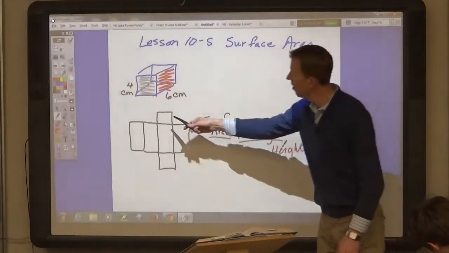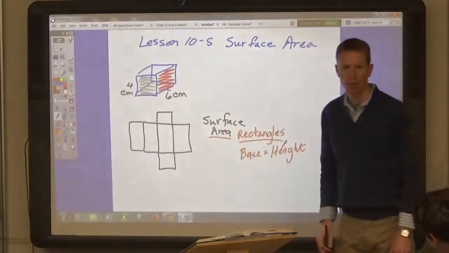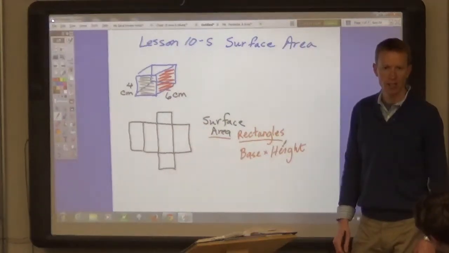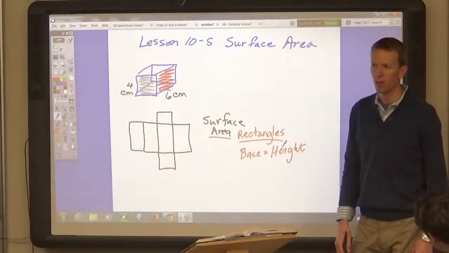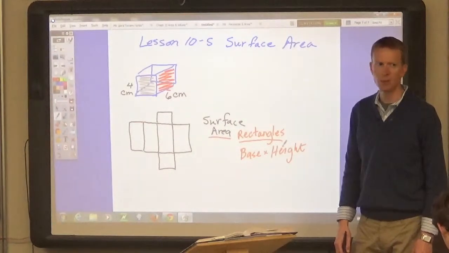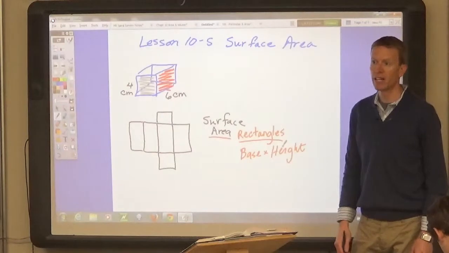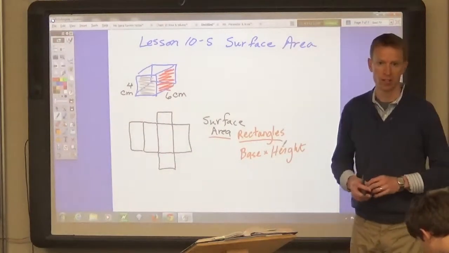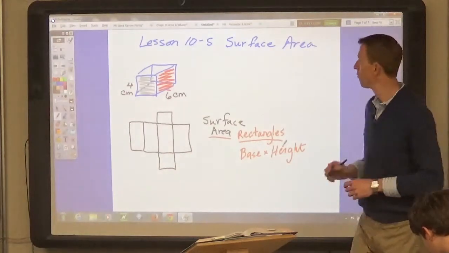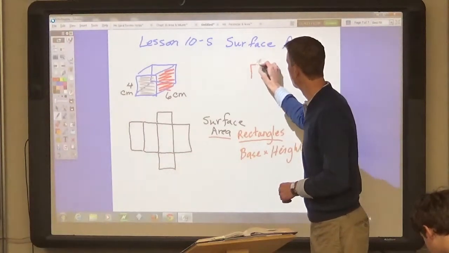What's the area of the 2 squares? What are the areas of each square? Base times height. Or, in the case of a square, you can do the side squared, since all four sides are the same.